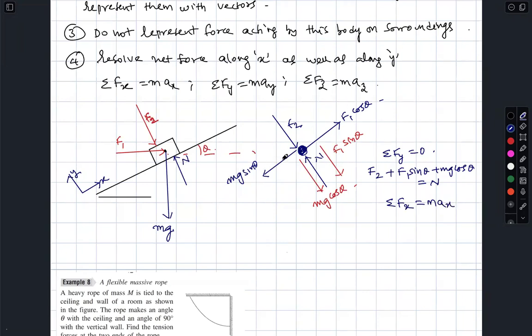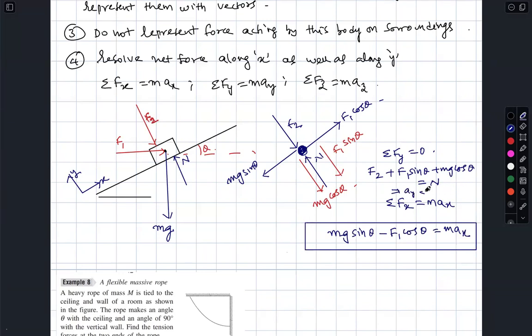Downwards I'll take negative, because positive x is represented like this. So therefore, mg sin theta minus F1 cos theta is max. Remember, I have applied Newton's second law. I got Ax, which implies Ay is equal to 0. So it has only one acceleration, that is Ax.